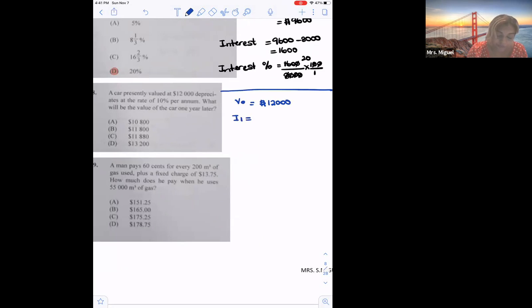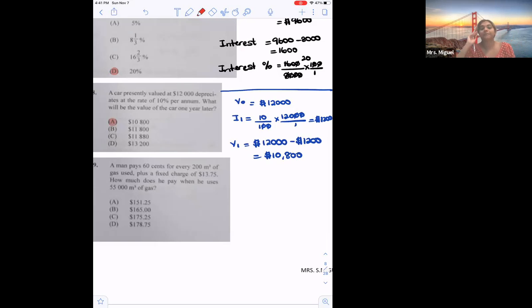I1 is the interest, which is 10% of 12,000, which is 1,200. So V1 is after 1 year, 12,000 minus 1,200, which will give us 10,800. The answer, A as an apple.